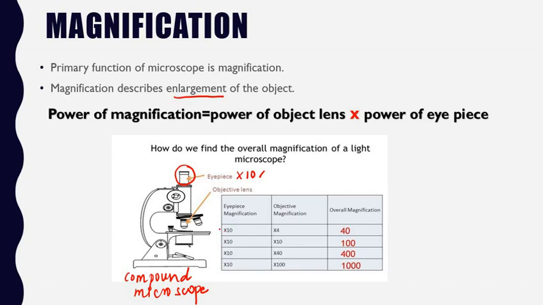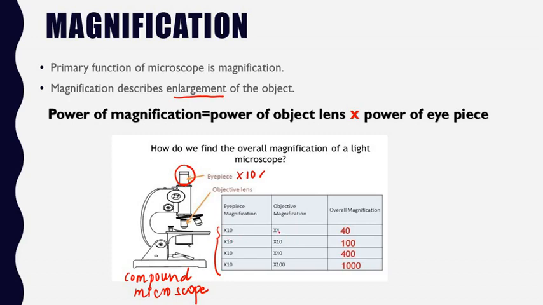Say the eyepiece magnification is 10x, which I already mentioned remains constant, but your objective lens has various magnifications. It depends on what magnification you want to observe your specimen at.